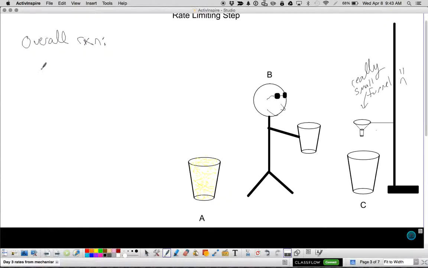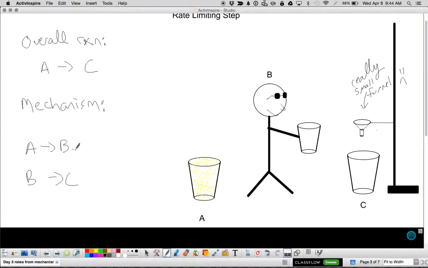The overall reaction is A goes to C. All right, I need to get the sand from bucket A to C. Now if I ask for the mechanism, pause it, think about it, see if you can come up. All right, the mechanism that I'm going for here is A goes to B. So sand goes from bucket A to my cup, B, and then B to C, where I dump B into C.